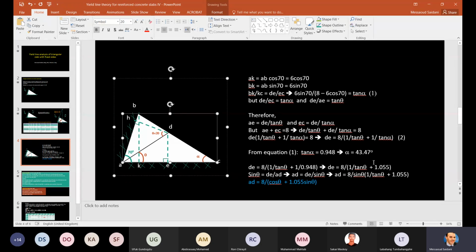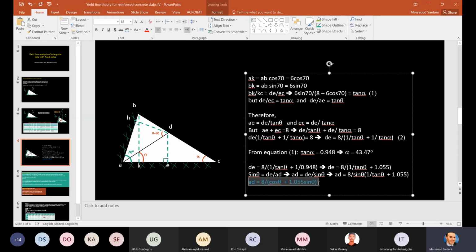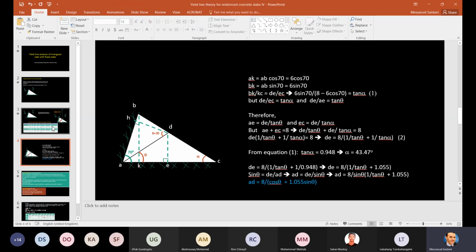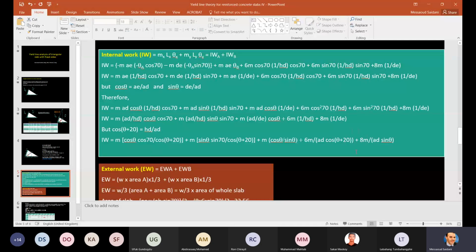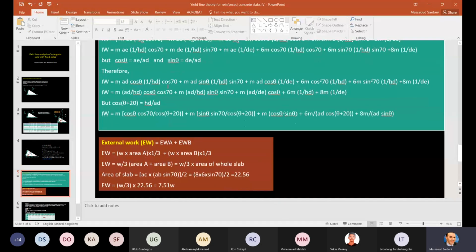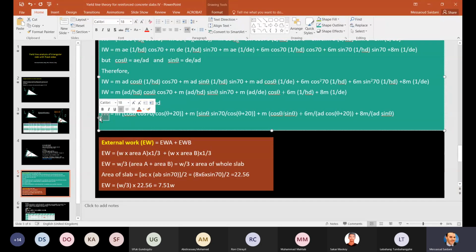And then I substitute it into the equation here, which gives me a relationship between AD and theta. Then I've taken that relationship between AD and theta and back substituted into the equation here. And then that gives me the internal work as a function of theta only, and m, obviously.